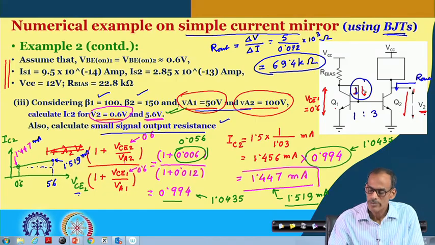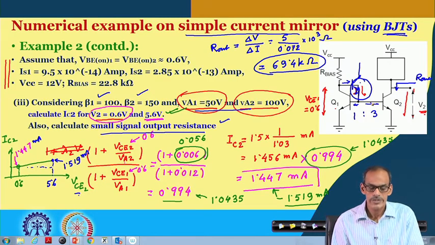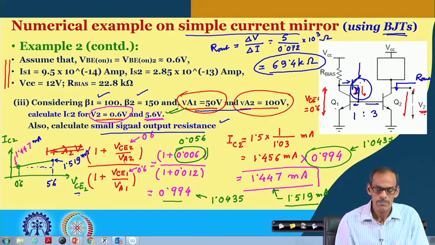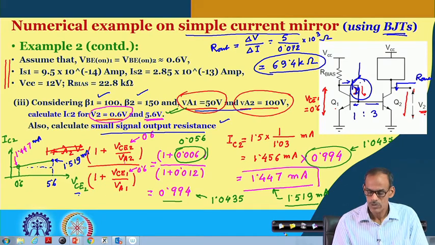To take care of the base current loss, as we have said, we can have a beta helper circuit, so that the current loss to the base of this third transistor is much smaller than the base current going to Q1 and Q2. This is referred to as the beta helper. Continuing this numerical example, let us go to the next slide.